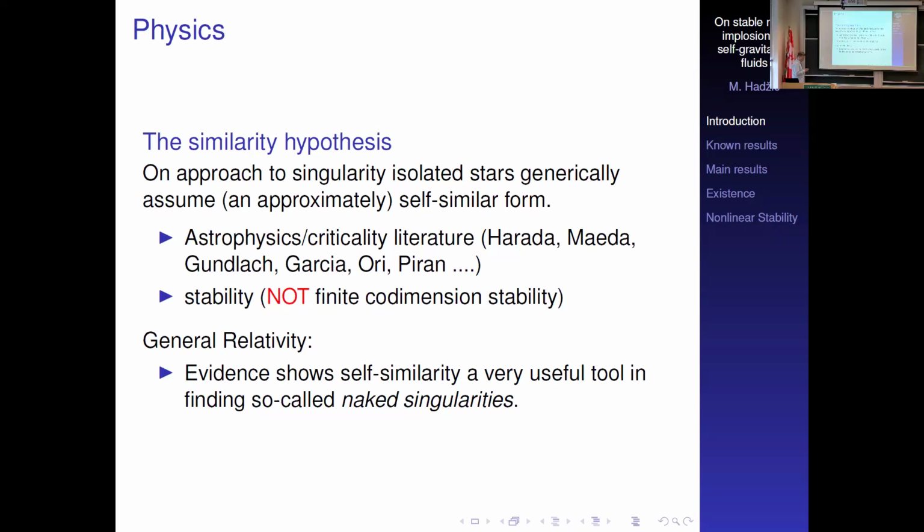Now, the way I like to think of it is that self-similarity is a useful tool in finding interesting solutions. In GR, it's incredibly effective when you want to talk about a particular type of singularities called naked singularities that I'll mention later.